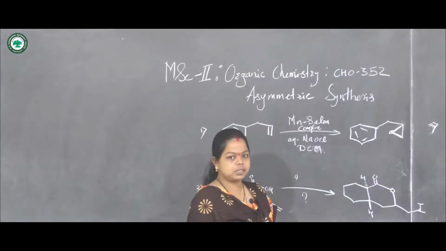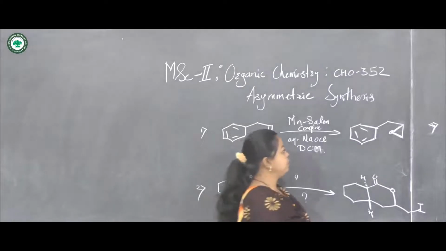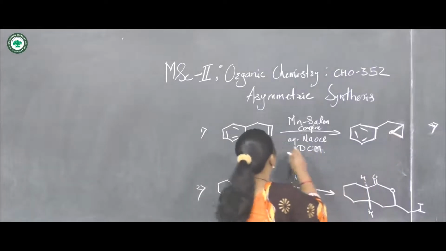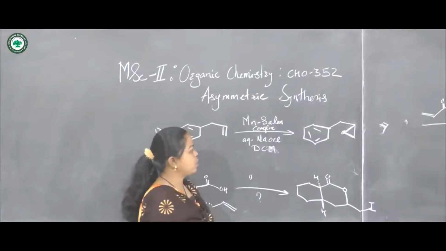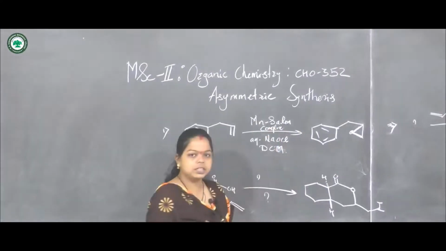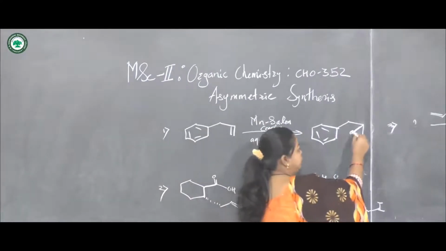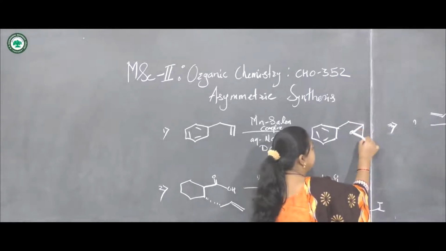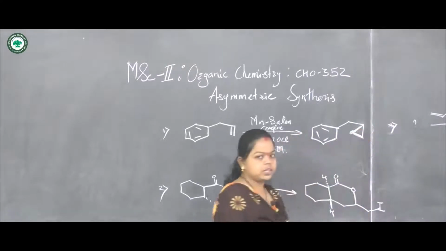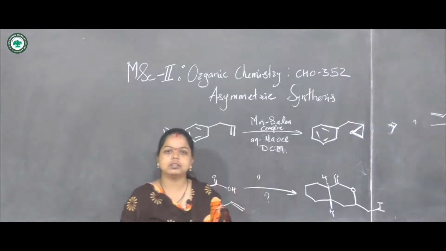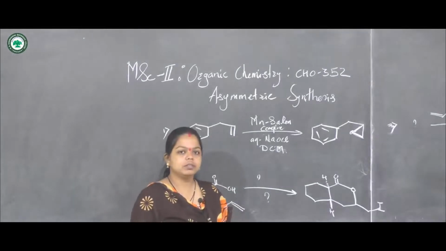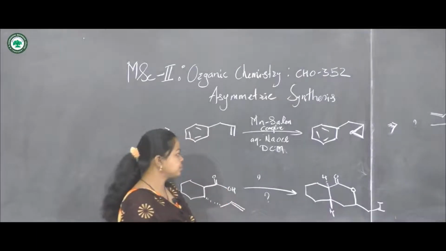Only one face is accessible. So the front face of the double bond reacts with the complex, and the oxygen present in the complex is delivered from the front face. So we are getting the beta oriented epoxide here. This is the particular selective reagent for this conversion.